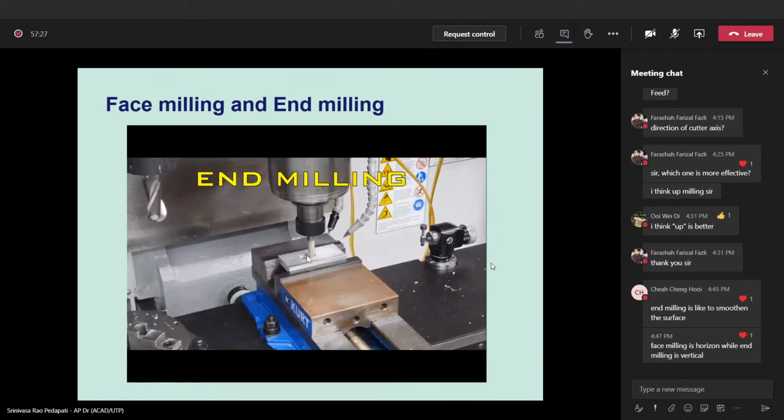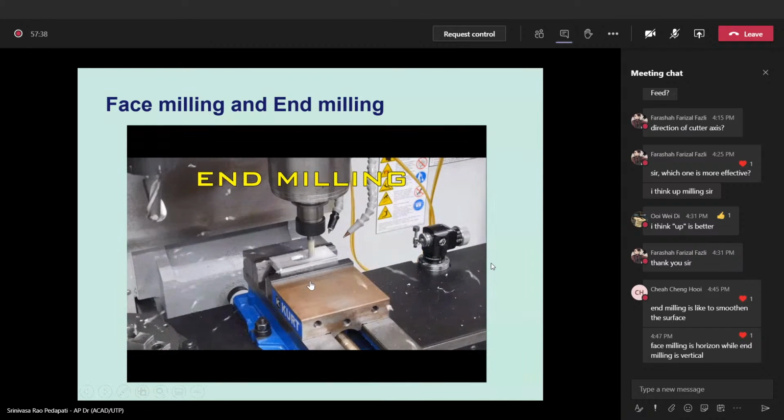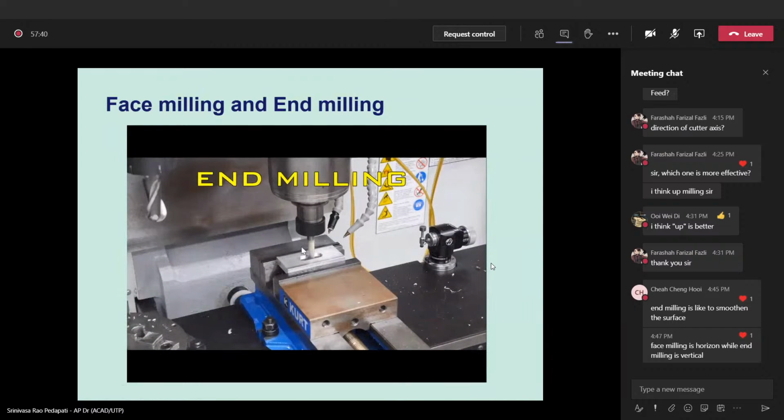If you see this one, it is milling at the ends. That means it is creating a slot over the surface of the plate. That means the material is given some shape. That shape can be a rectangular hole or a curvilinear hole or some parabolic hole, whatever it is, as per the program. It is a CNC machine.